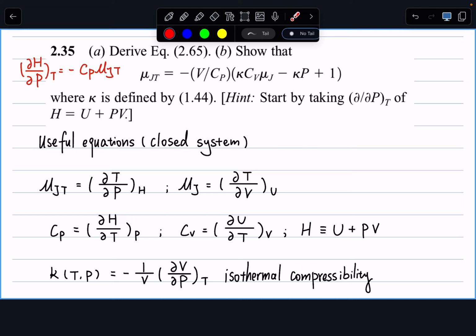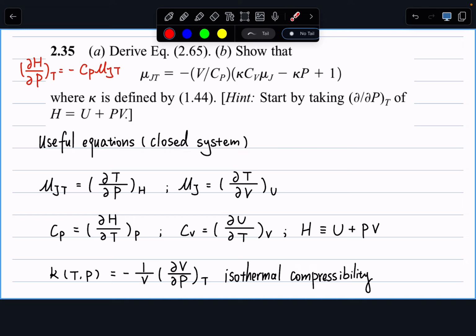And in this part, we have our dV over dP at constant T. And in the question, we have a χ in there. So looking at the definition of χ, what do we have? Knowing that χ is by definition equal to negative 1 over V times dV over dP at constant T, this partial derivative, dV over dP at constant T, just equals negative χ times V. With me so far?